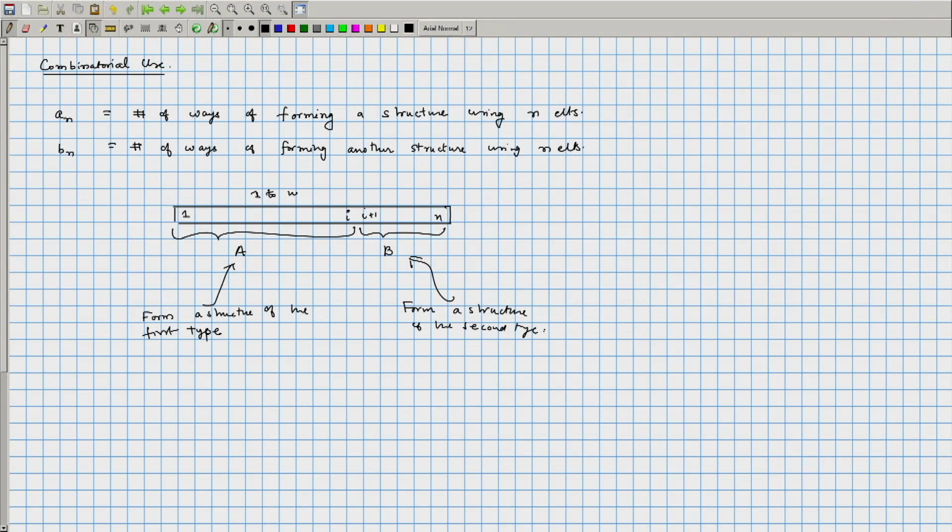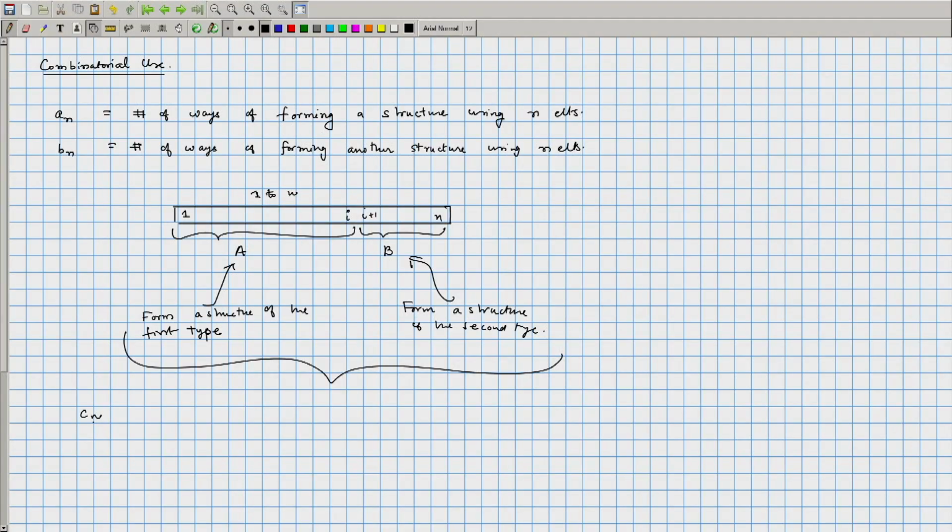And how many ways are there of forming this? What we are interested in is this whole new object, how many ways to form these kinds of objects, that is what we want to count. If we denote that by, let us say, Cn, then Cn is the number of ways of splitting a set of n elements into two parts, so that the first part is 1 to, let us say, k, this k is your choice, and the second part is from k plus 1 to n, and you form a structure using the first k elements and another structure using the next elements.